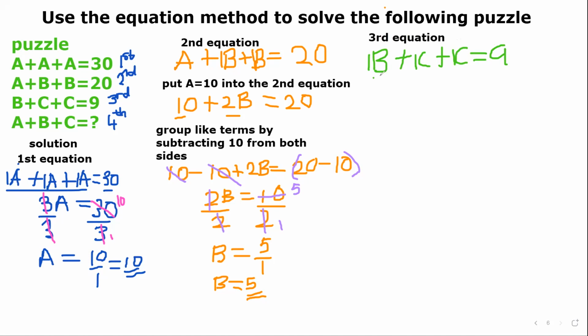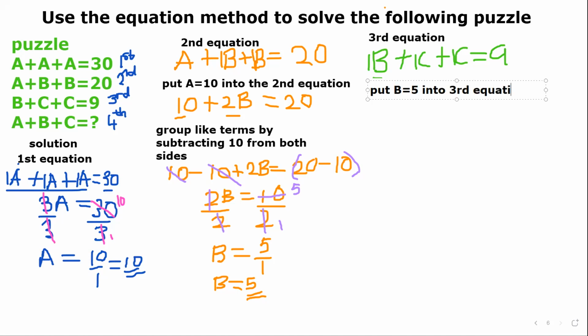Now we know the B is 5. So you have to do the substitution. You put B equal to 5 into the third equation.